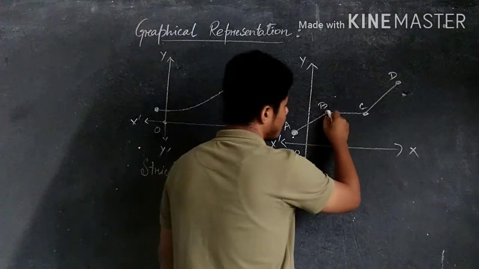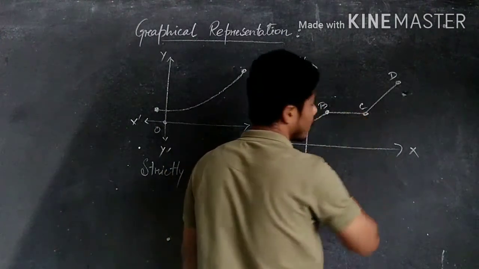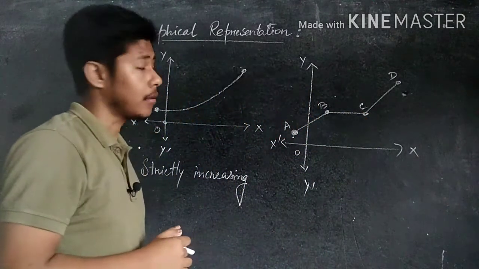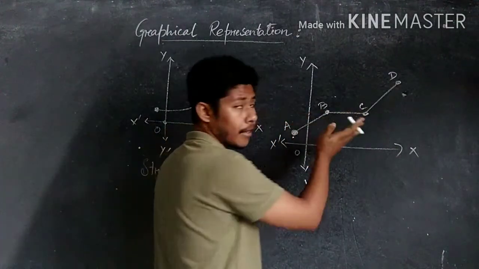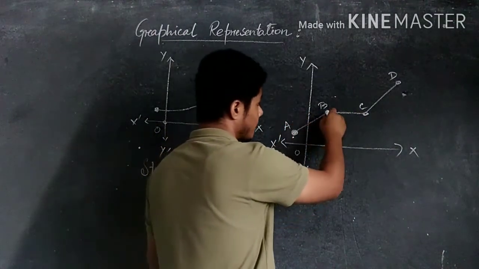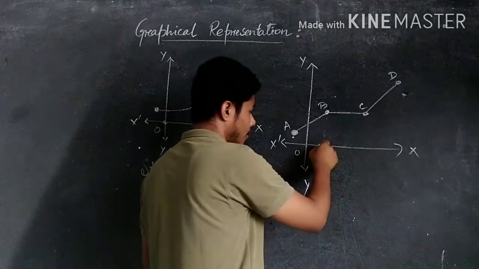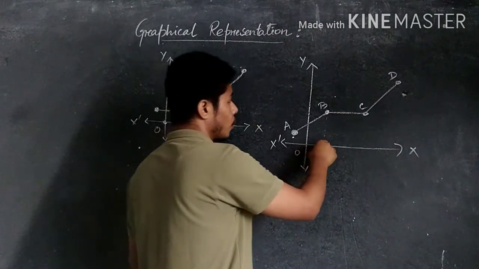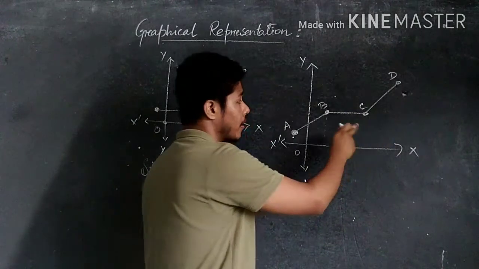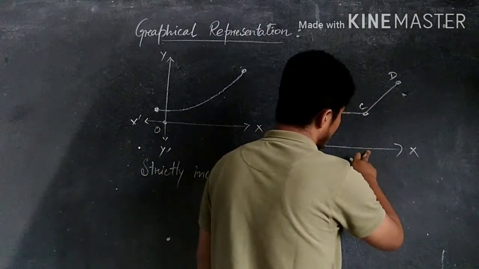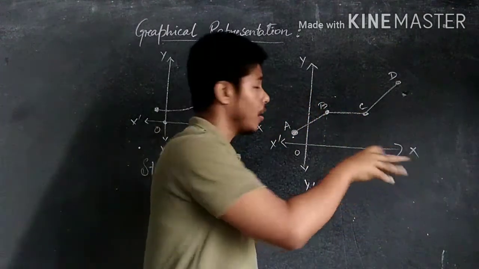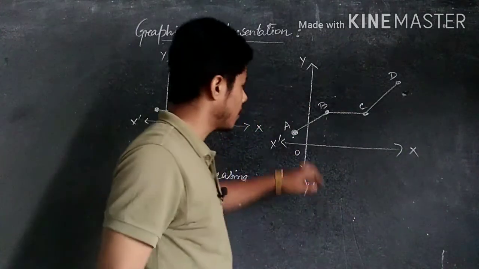But from B to C, the graph is not increasing here. Is the graph increasing? No. Suppose in this place, if you take the value of x as 2, then whatever the f(x) value we get, if x equals 6, then the f(x) value is the same, because the graph is straight here, isn't it?